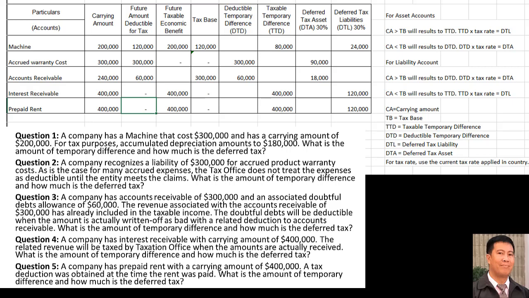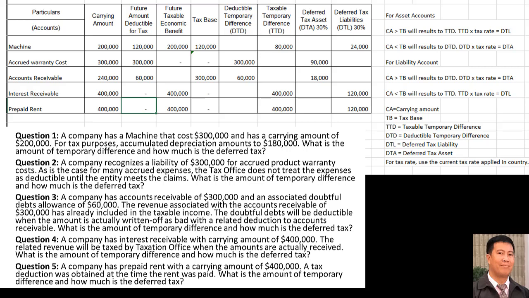Is the carrying amount for that asset greater than the tax base? Yes. Which means carrying amount is greater than tax base, and the difference will result to a taxable temporary difference. Clear?